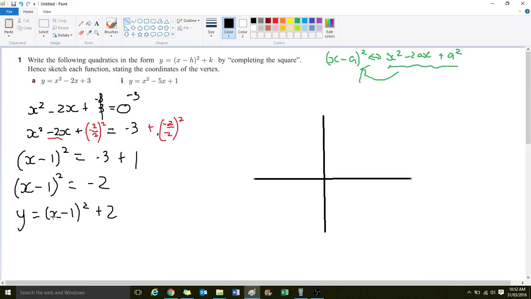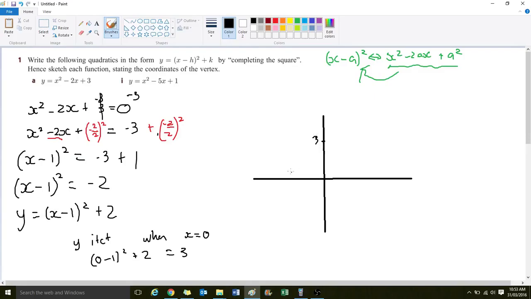So if we put 0 into this equation, let's figure out what the y-intercept is going to be. Y-intercept when x is 0. So if we put 0 in here, we have 0 take 1 squared plus 2. Minus 1 squared is just 1, and so we have 1 plus 2, which is equal to 3. Okay, so we have a y-intercept at 3.